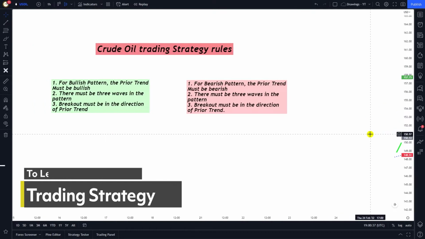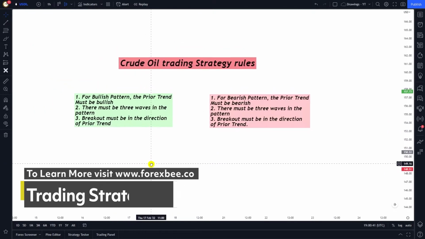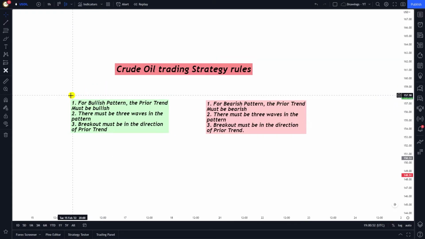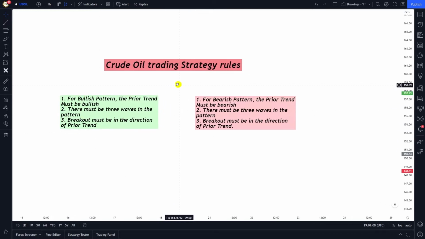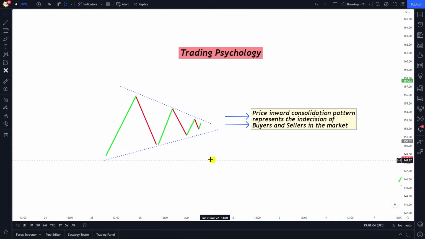Now, the trading strategy points you should keep in mind while trading with a triangle pattern: for a bullish pattern, the prior trend must be bullish. The triangle pattern is both a trend continuation and a trend reversal pattern, but we have found through our backtesting that it works best when we use it as a trend continuation pattern.